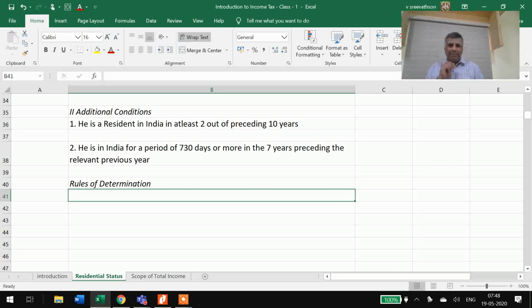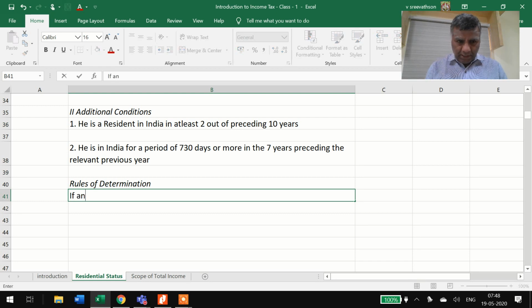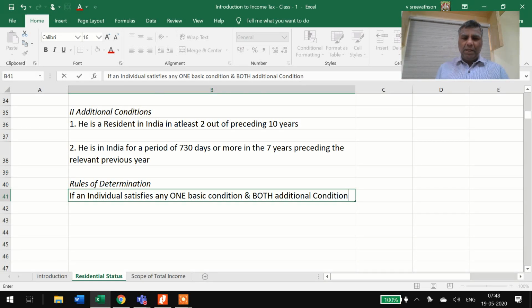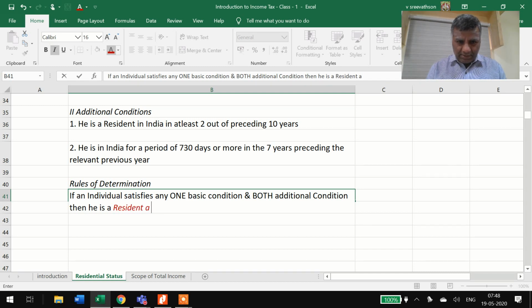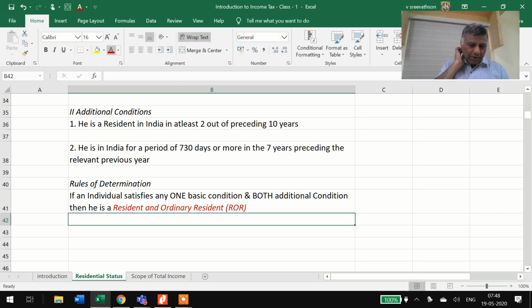Rules of determination. If an individual satisfies any one basic condition and both additional conditions, then he is a resident and ordinary resident, ROR, accepted abbreviation.